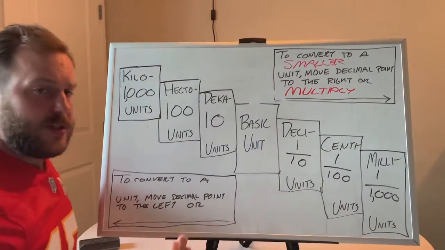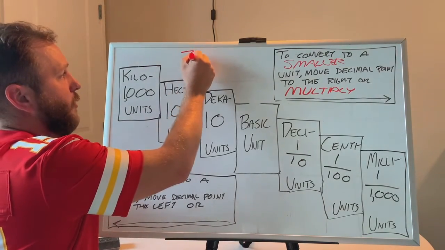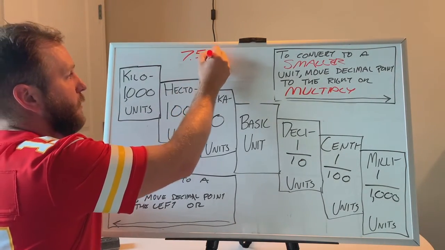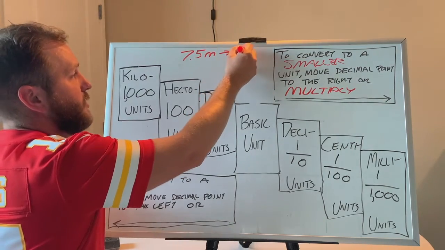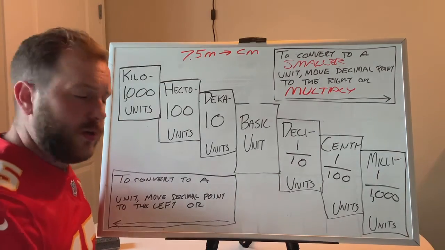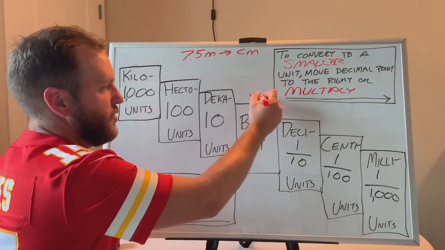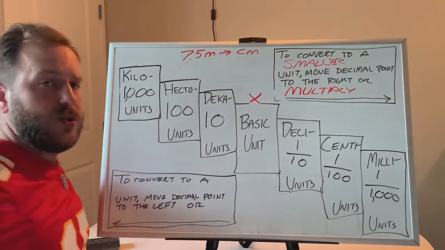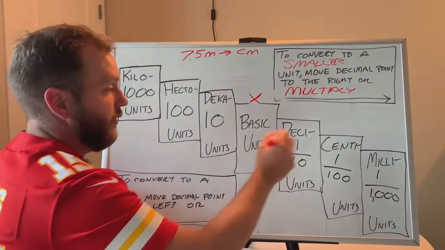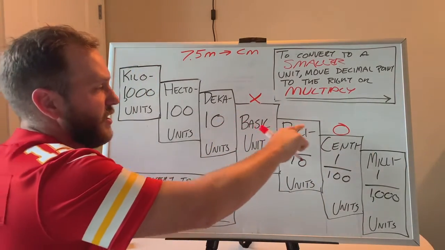Let's say that I was asking you to convert from 7.5 meters to centimeters. All right, so what we're going to do is start on our staircase with our original unit, which is our base unit. And what is the unit that we are trying to find? Well, that is centi.